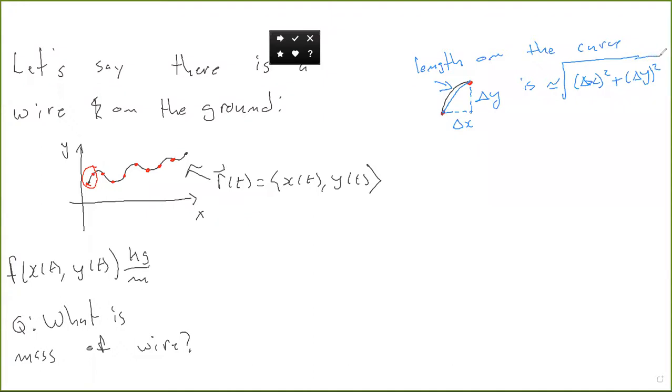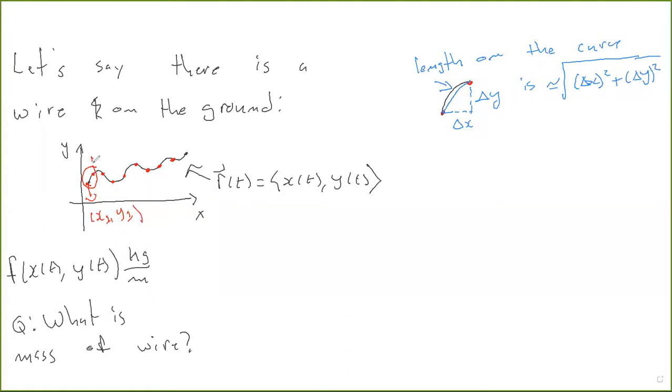That's just the Pythagorean theorem. And as we divide this curve into smaller and smaller pieces, that approximation is going to get better and better and better. So let's say that this point right here is something like x1, y1.